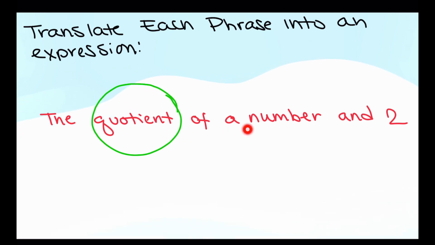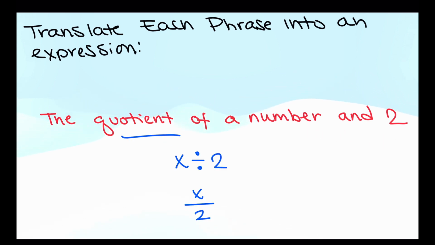So the quotient of a number, that's my x, and 2 can be written as x divided by 2. That's the quotient of a number and 2. We can also use the fraction bar to represent division or quotients. So it would be equally correct to write this as x over 2, just like a fraction.